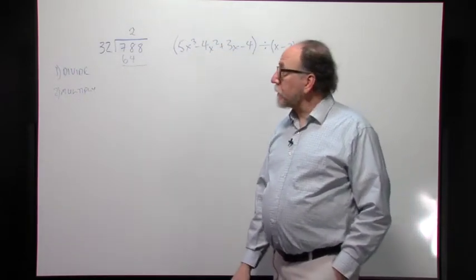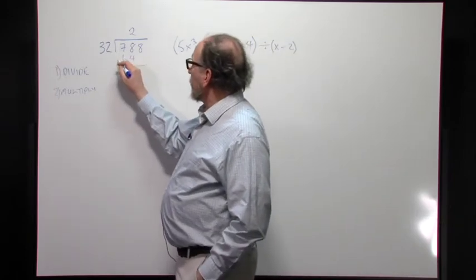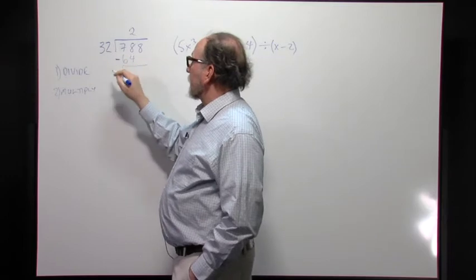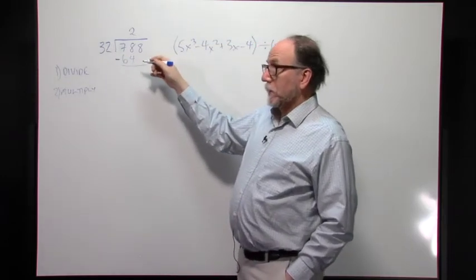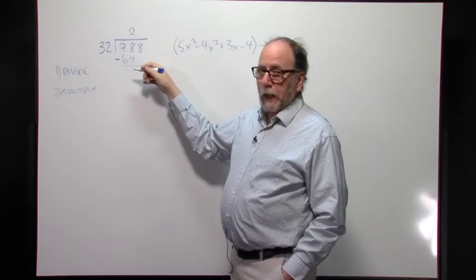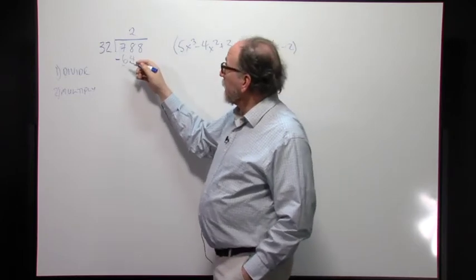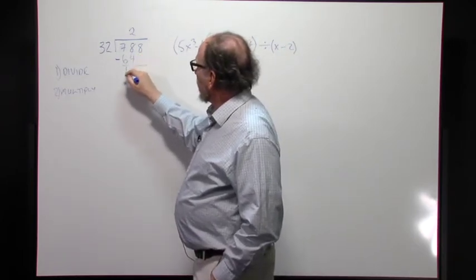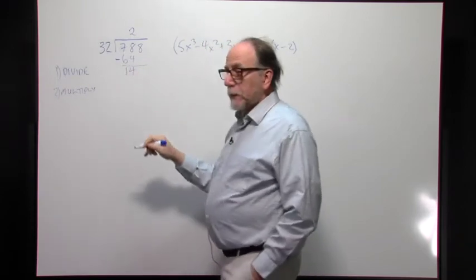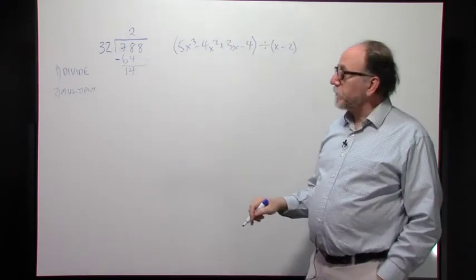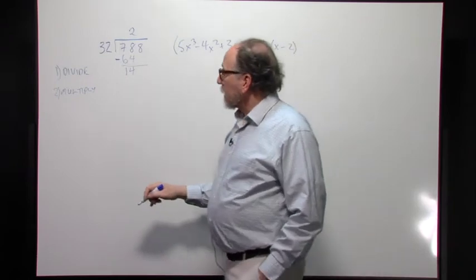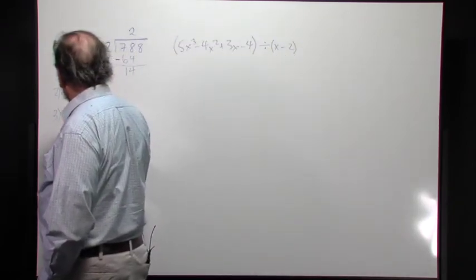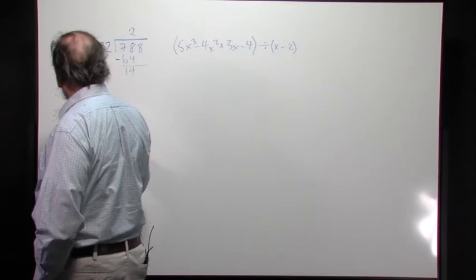Then the next step is to change the sign on this and add those together, or subtract. You probably used subtract together before. But changing the sign and adding is the same thing. So 78 plus negative 64 is going to give us 14. Right? So that's the third step. We'll write that down, is to subtract.